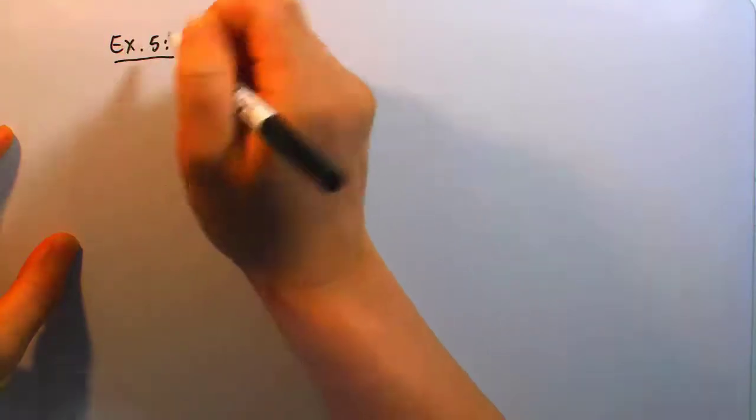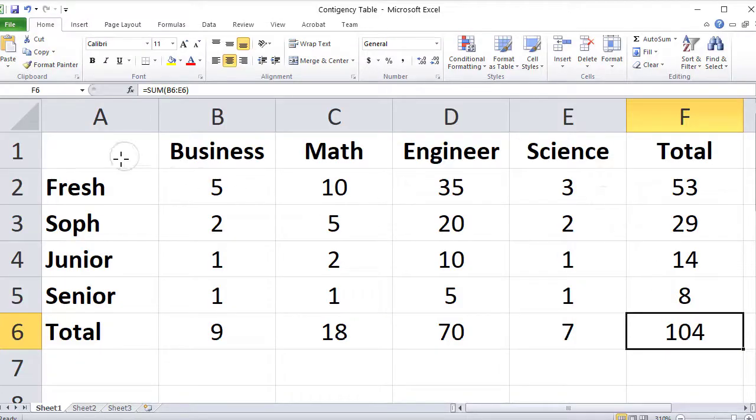So here's example 5. Let's look back at our table here one more time. This table described a classroom at a university where we have 104 students total.